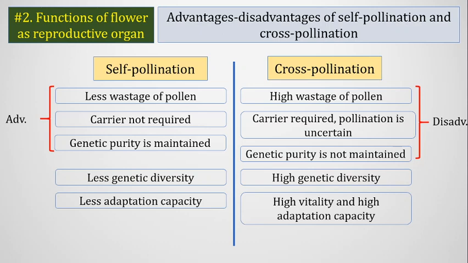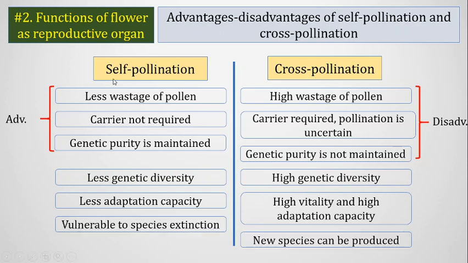So there is a higher chance of survival in adverse conditions for the offsprings. Self-pollinated plants have less adaptation capacity, so they are vulnerable to species extinction, while cross-pollinated plants have much more genetic diversity that leads to the evolution of new species. So these can be considered the disadvantages and advantages of self-pollination and cross-pollination.